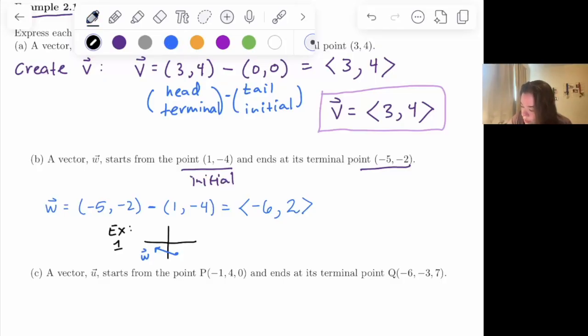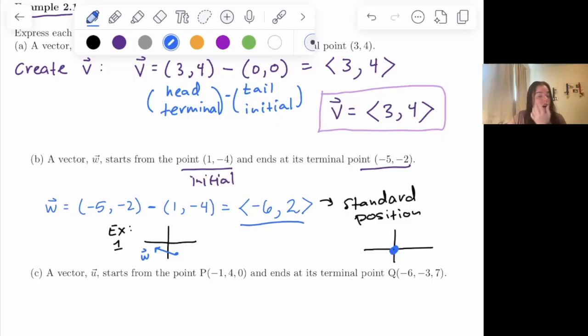But now if you were to sketch vector w in standard position, standard position always starts the tail at the origin, and then the coordinates here, negative 6, 2, are the terminal point of the vector. So you would go over to where x is negative 6, up to where y is 2. And this would be vector w in standard position.